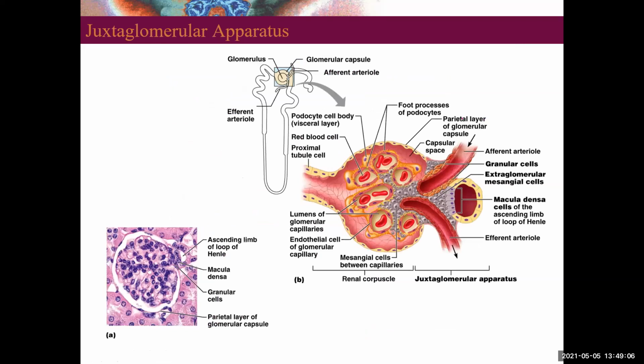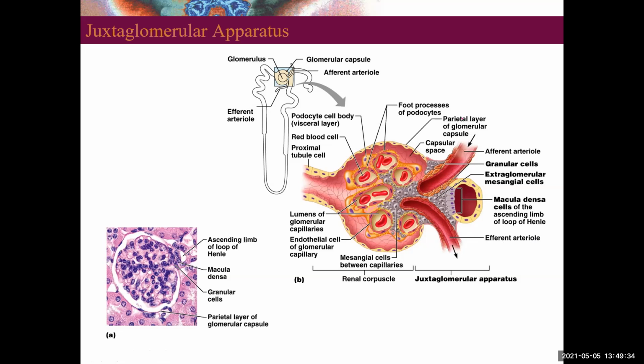The kidney also maintains our blood pressure. Blood pressure is maintained by the juxtaglomerular apparatus. What is that? If you see here, there are special cells in the afferent arteriole and the ascending limb of the loop of Henle wall.